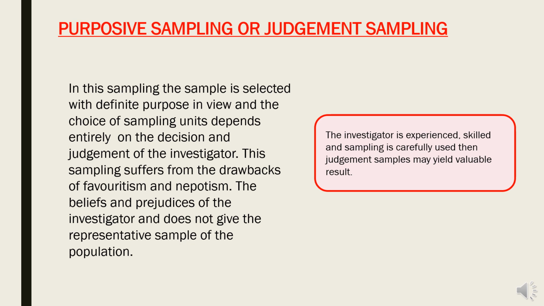This sampling method is seldom used for general use since it is often biased due to the element of subjectiveness on the part of the investigator. However, if the investigator is experienced and skilled and sampling is carefully used, then judgment samples may yield valuable results.